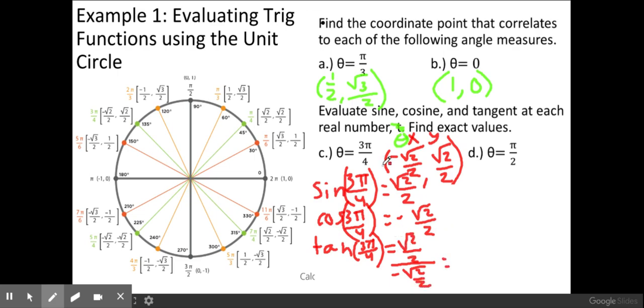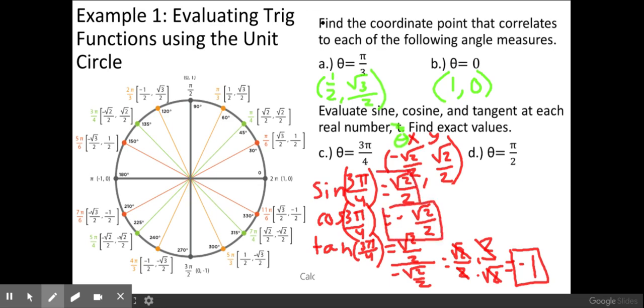If we keep the top, square root 2 over 2, change this division bar to multiply, and then flip the bottom, 2 over negative square root 2, you'll notice that cancels, and we're just left with negative 1. So the tangent of 3 pi over 4 would be negative 1. So cosine was negative square root 2 over 2, sine was square root 2 over 2, and tangent is negative 1.